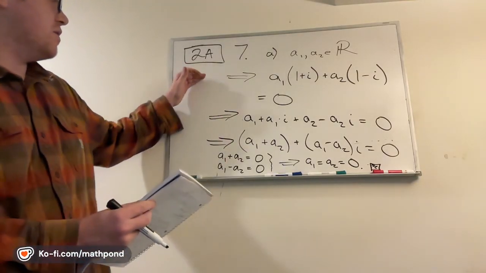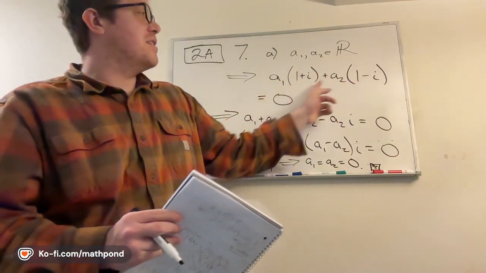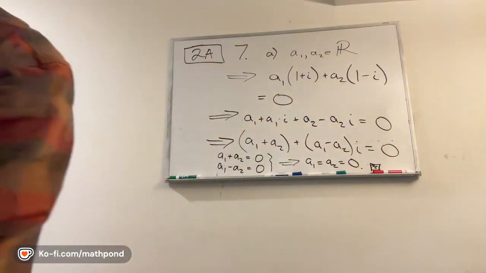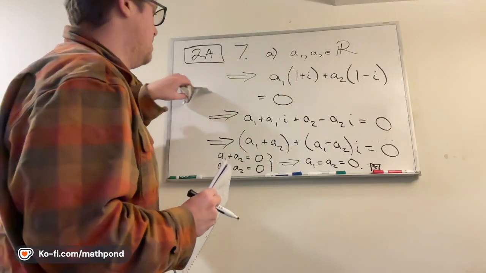Oh, wait, sorry, I didn't go over the second one. So let's show that they're not linearly independent as complex vectors.